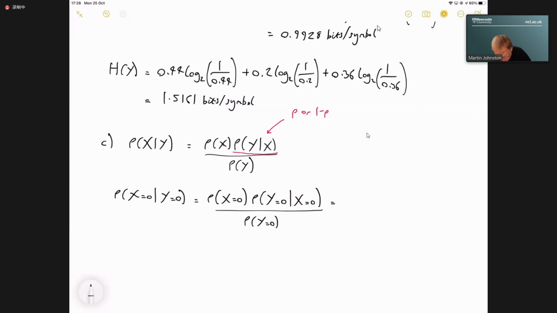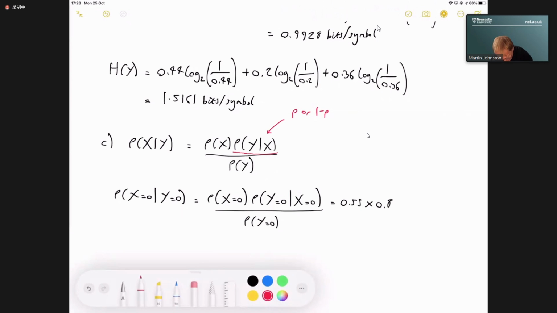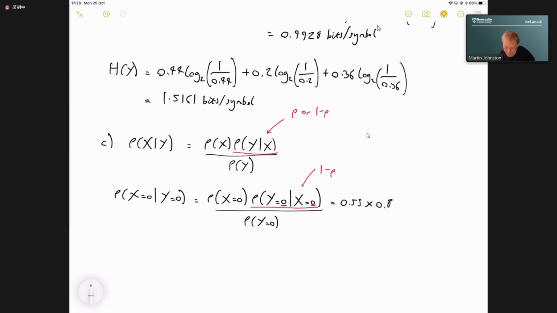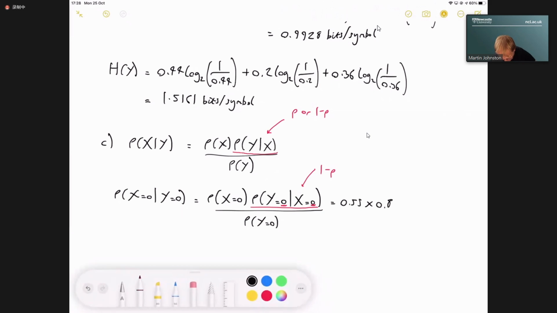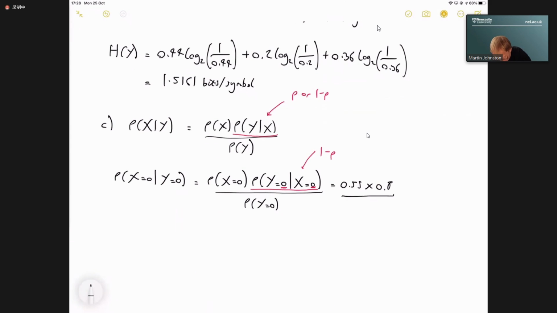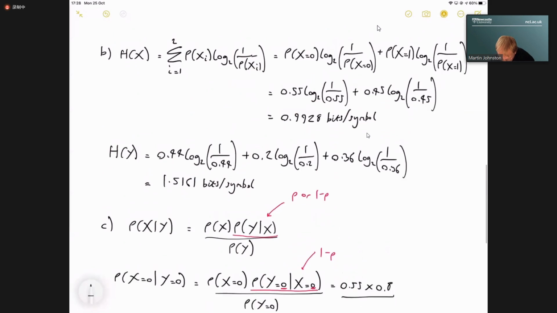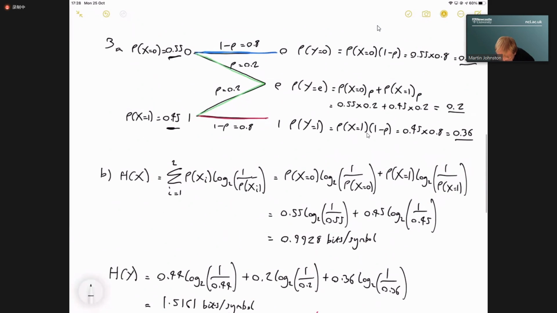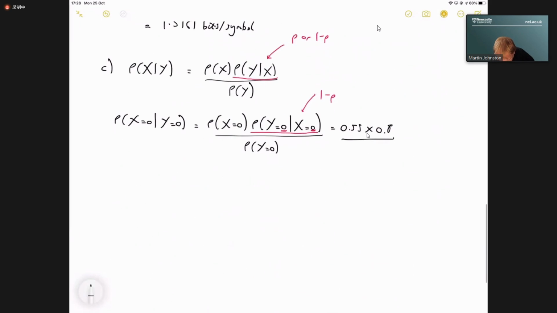We've got 0.55 times 0.8, because remember, this term here is 1 minus P, because X and Y are the same. 0.55 times 0.8 divided by the probability Y equals 0, which we calculated as being 0.44.